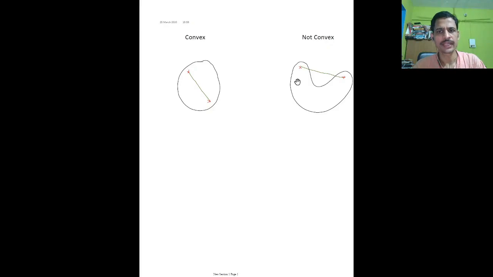If we take any 2 points in this part, the line joining will lie inside the enclosed region. But if you choose the points as shown here, the line joining is clearly lying outside, for some part of it lies outside the enclosed region. So this enclosed region is not convex. So this is what we mean by convex region.